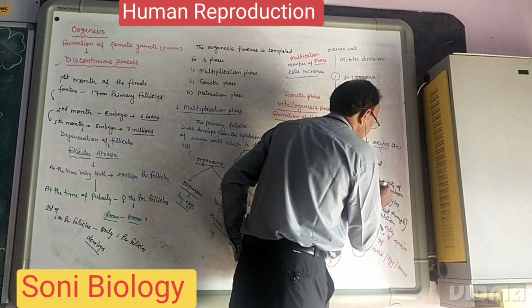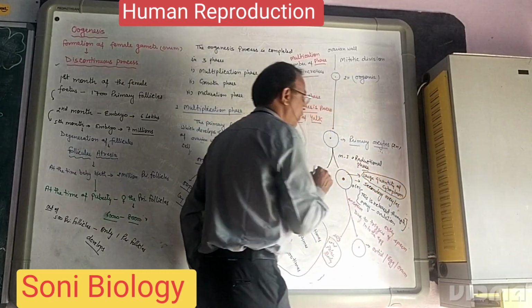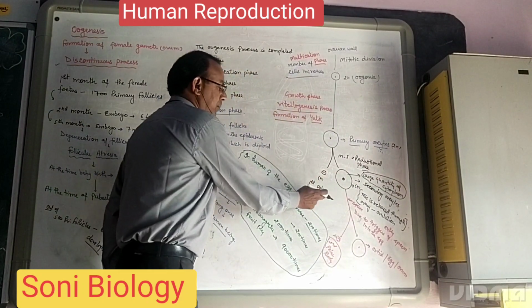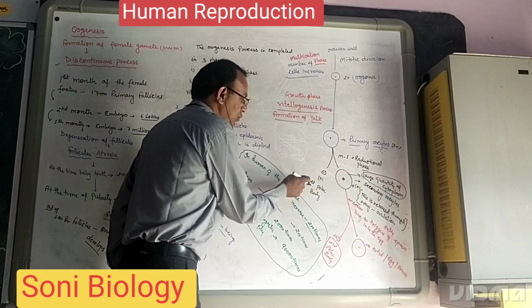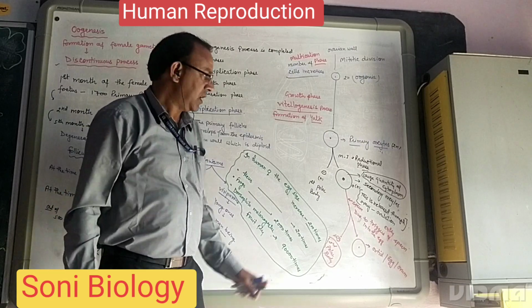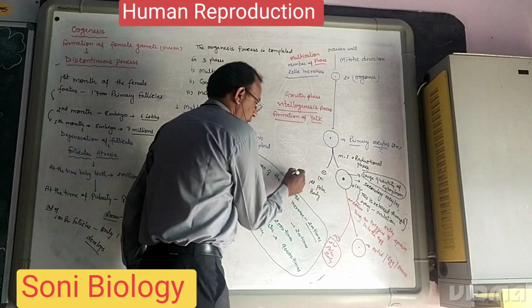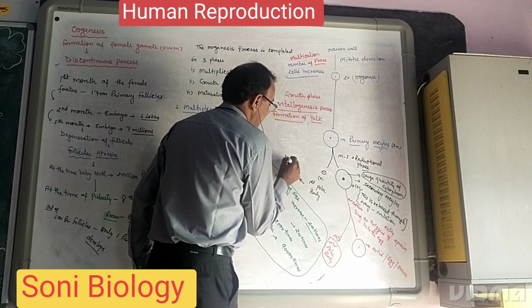The tiny cell produced, which contains a negligible amount of cytoplasm, is called a polar body. This is the first division, so it is called the first polar body. After this, the first polar body degenerates.